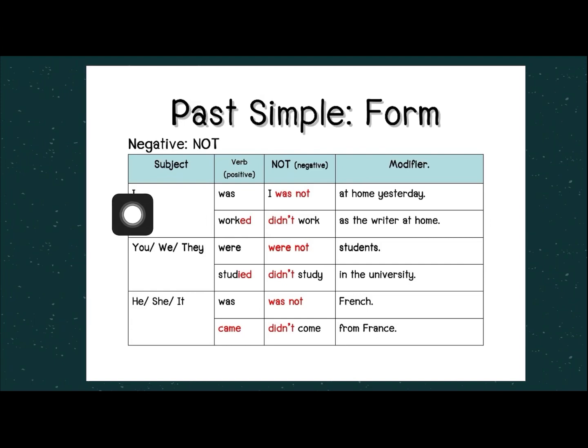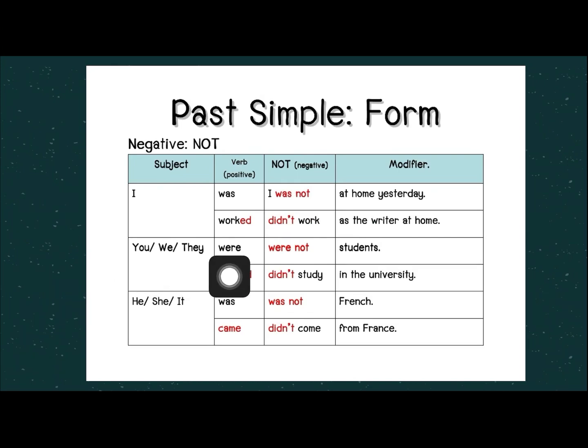Maybe if we want to use a specific verb, we can say, I worked, notice the ed after the verb. But in a negative, we have to use the auxiliary verb, didn't. Yes, that is in negative. So we say in an affirmative, I worked as a writer at home. But in a negative, we say, I didn't work as a writer at home. The same case would happen with you, we, and they.